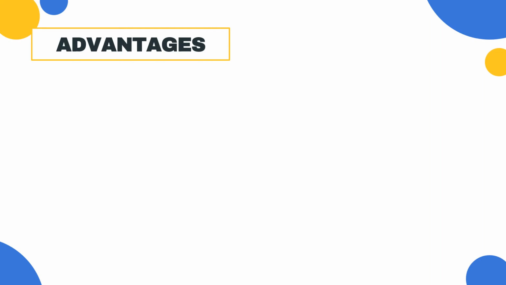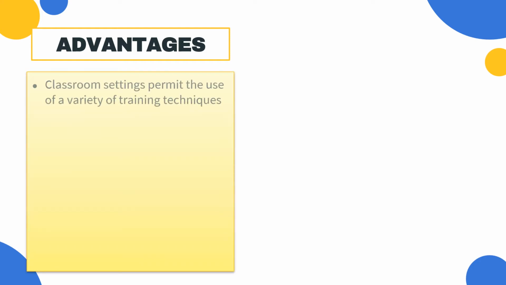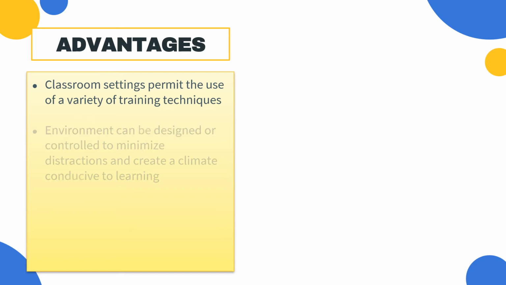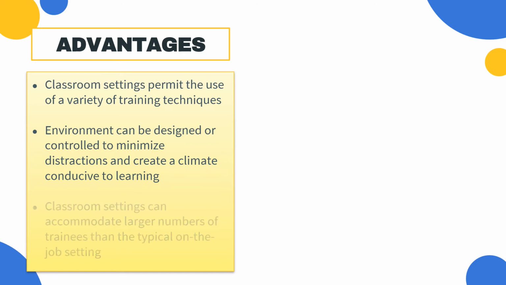Conducting training away from the work setting has several advantages over OJT. First, classroom settings permit the use of a variety of training techniques, such as video, lecture, discussion, role-playing, and simulation. Second, the environment can be designed or controlled to minimize distractions and create a climate conducive to learning.